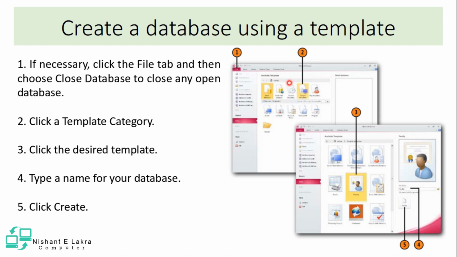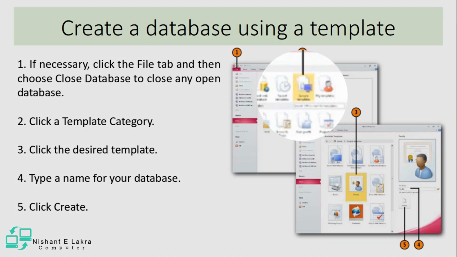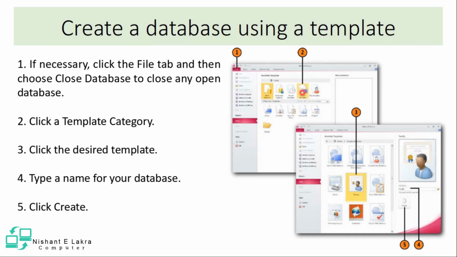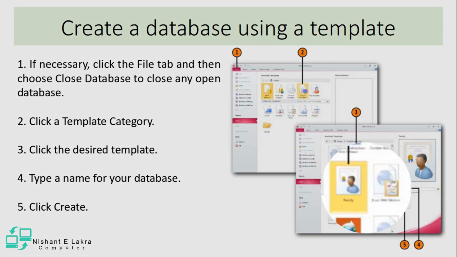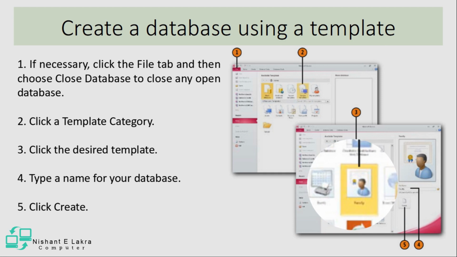If necessary you can do that, and after that you have to click on a template category. These are the template categories. Then you have to click on the desired template that you want. There are many different templates which are already pre-designed and kept, so you can use any of the designed templates of your desire.